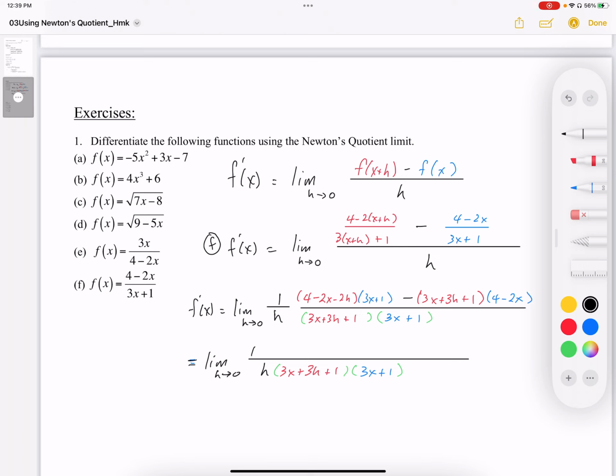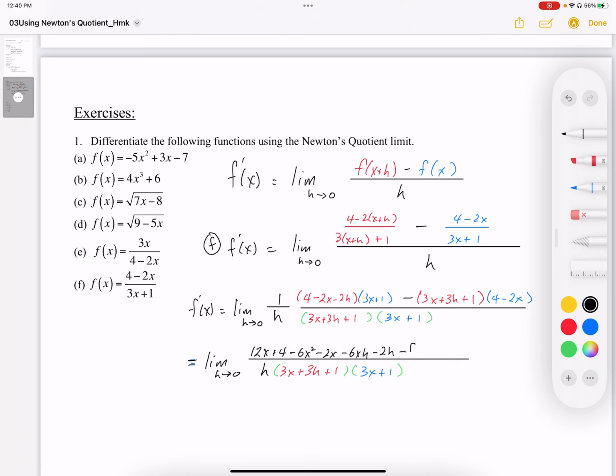I'm going to end up with 4 times 3x is 12x plus 4 minus 6x squared minus 2x, and then minus 2h times, so again, minus 6xh. Negative 2 times plus 1 is minus 2h. Minus.